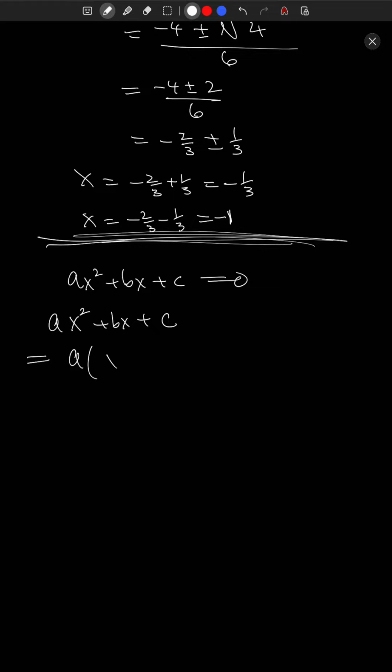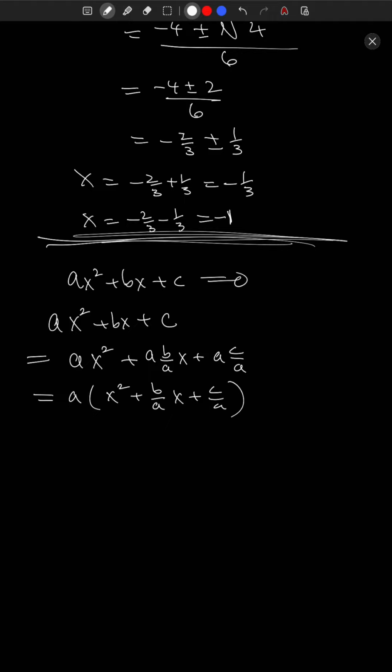So a times x squared, and let me do it in 2 steps like I did last time, just to make it a little easier. Plus a times b over a x plus a times c over a, right? And again, the purpose of fabricating the a is so that I can pull out an a, right? So this is a times (x squared plus b over a x plus c over a), okay?